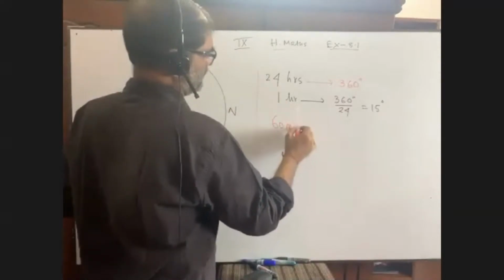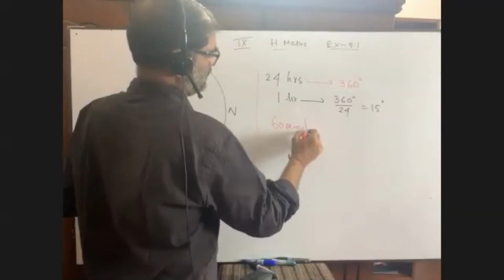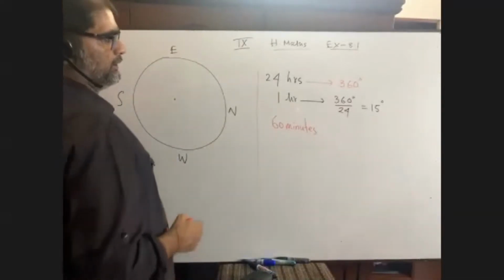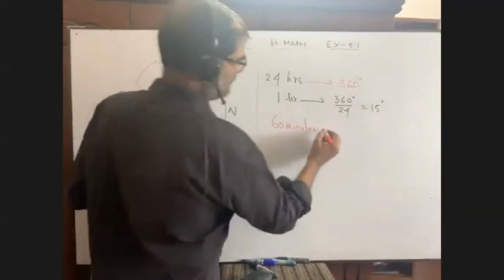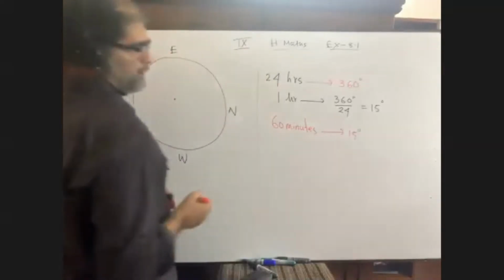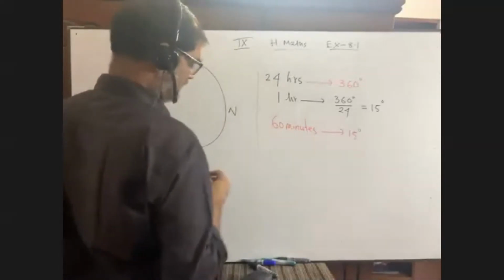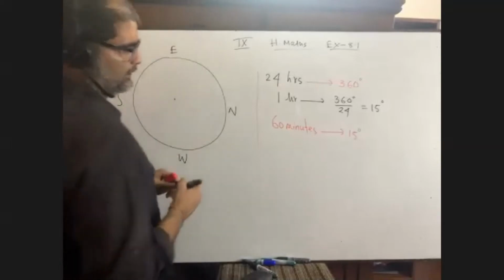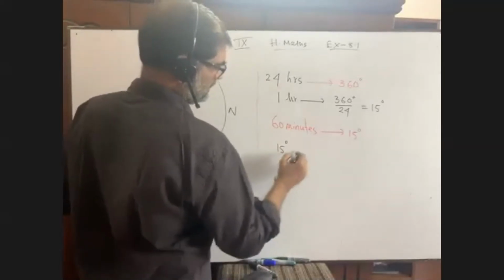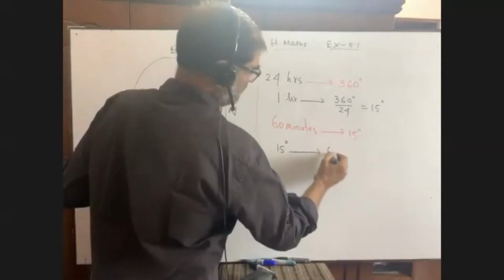1 hour means 60 minutes. Sorry, sir, 60 minutes. So in 60 minutes, it rotates 15 degree. That is, now we can tell 15 degree is traveled by the Earth in 60 minutes.